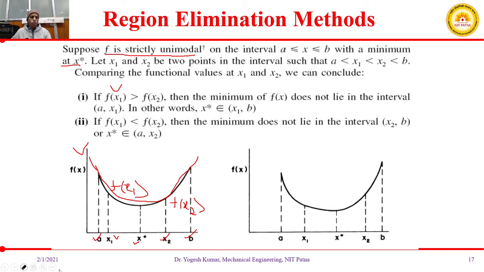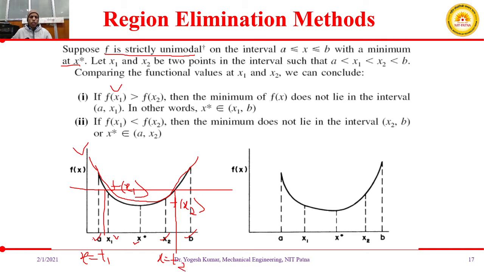Okay, so suppose at any point I draw a line. Suppose we have this value corresponding to x equal to t1, say, and we have values corresponding to x equal to t2.